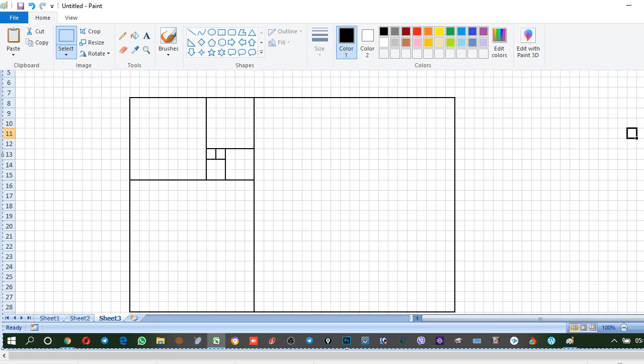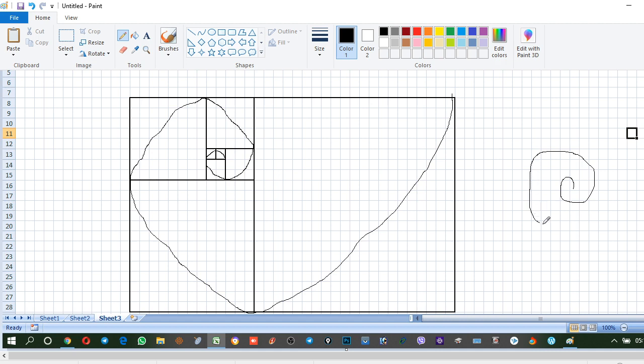Okay. I try to join these diagonals. See, I'm trying to join them. So if you try to join them, it's coming kind of like this. Do you remember anything like this from your childhood?